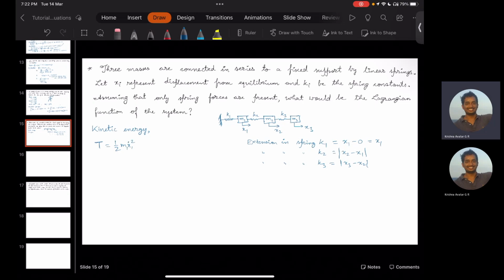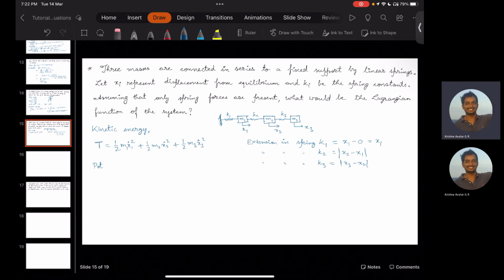So half m1 x1 dot squared plus half m2 x2 dot squared plus half m3 x3 dot squared. Okay.